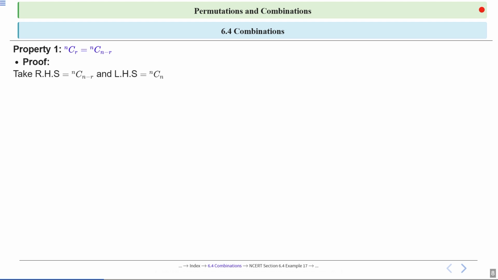Okay, so now we will compare RHS and LHS. So RHS is equal to nC(n minus r). Since we know the formula of nCr is equal to n factorial upon r factorial times (n minus r) factorial, nC(n minus r) equals n factorial upon (n minus r) factorial times (n minus (n minus r)) factorial.